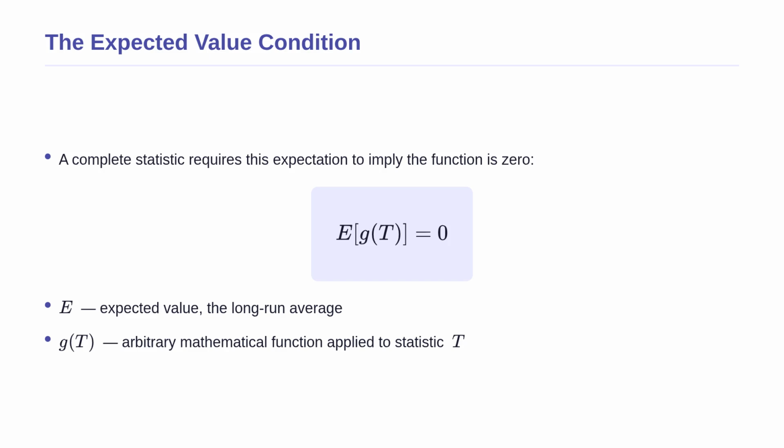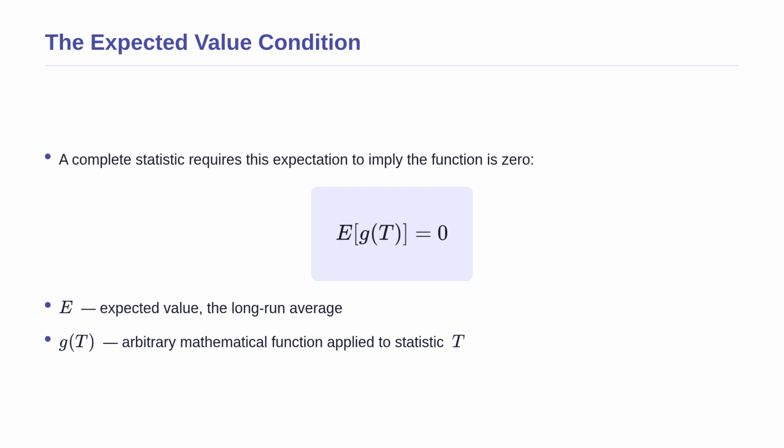The formula states that the expected value of g of t equals 0. Where does this come from? It represents the idea we just discussed, an estimator that averages to 0. In this formula, E stands for the expected value, which is the long-run average of a random process. The term g of t represents any arbitrary mathematical function applied to our statistic t.